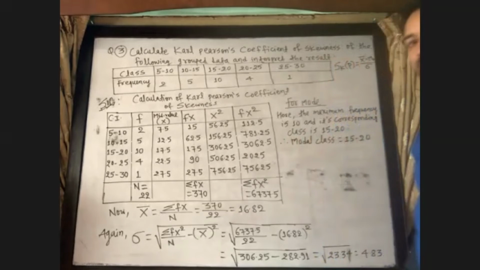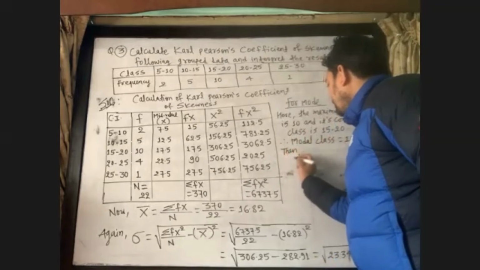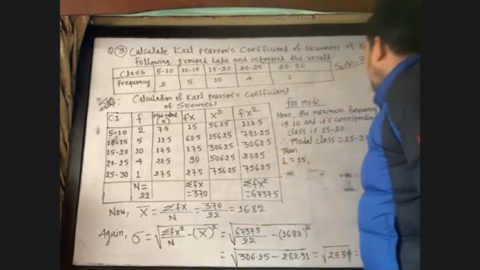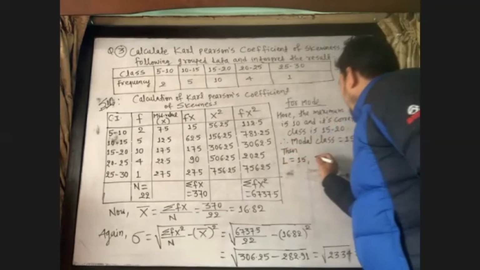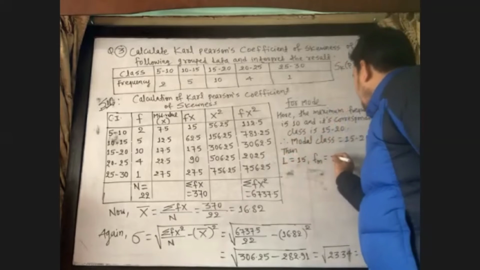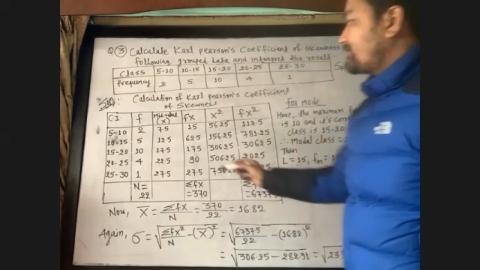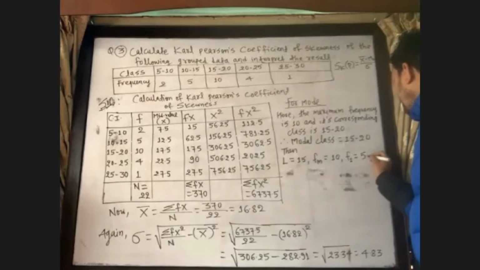Okay, if we know the model class, then L is 15. L ko value 15 va. And maximum frequency FM is maximum frequency, that is 10. F1 एक step अगाडिको frequency 10 भन्दा अगाडि एक step अगाडि कति छ त 5 छ, so 5.